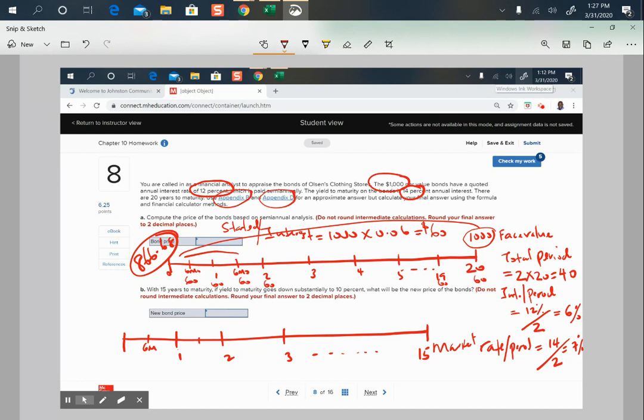So in this example, our N is going to be the 2 periods per year times the 15 years that are left. Our N is going to be 30. That's the total number of periods.